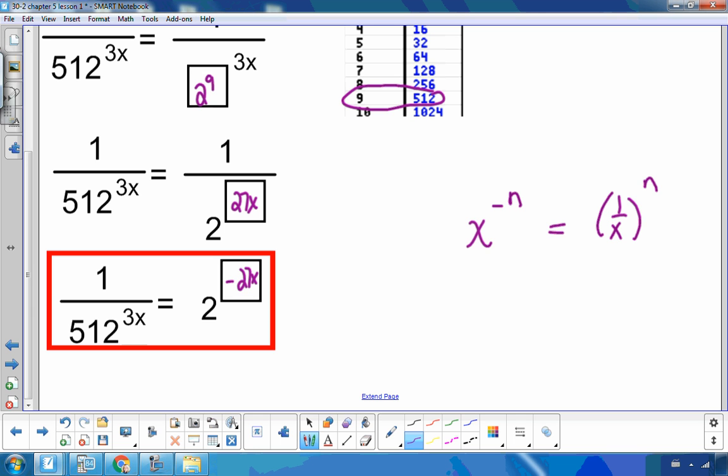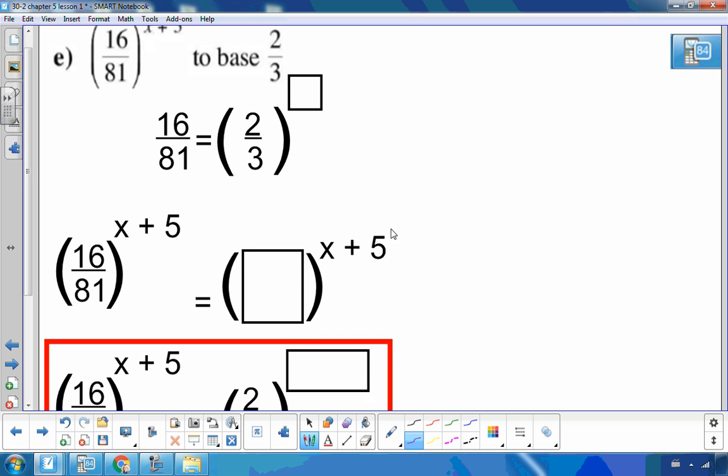The same thing is true going the other way around. If you have a fraction and you want to go back to a whole number base, you can do that by taking the exponent and making it negative. So it works both ways. And again, if you're ever unsure, you can always check that in your calculator.